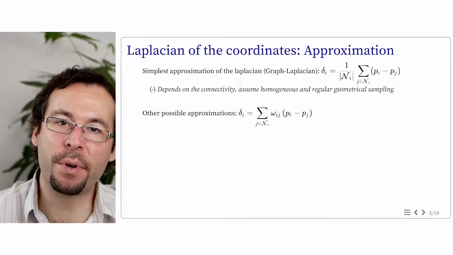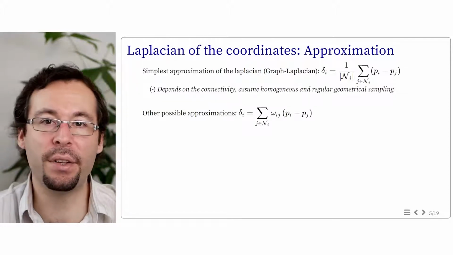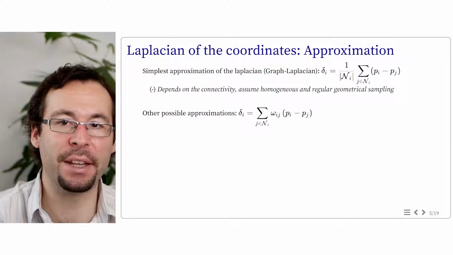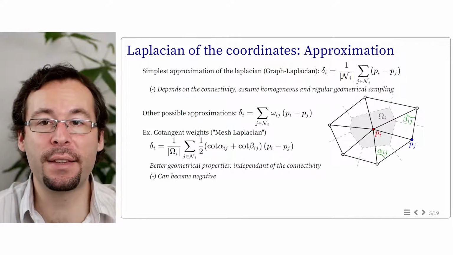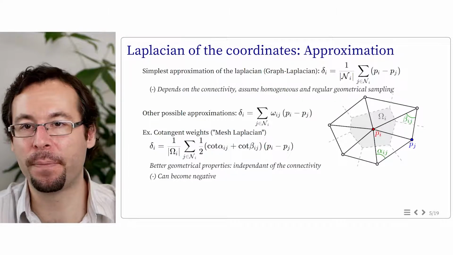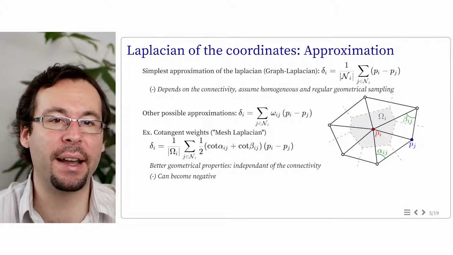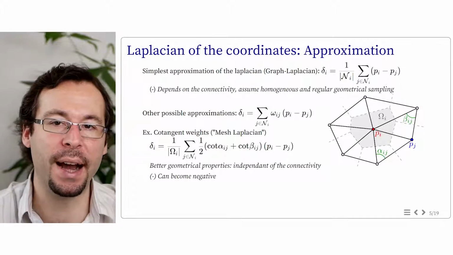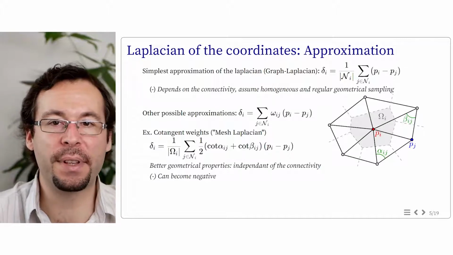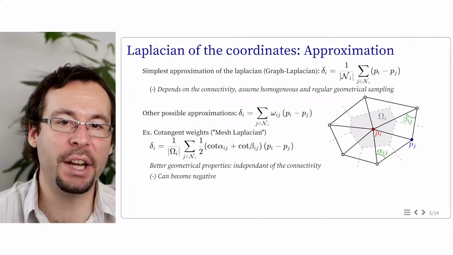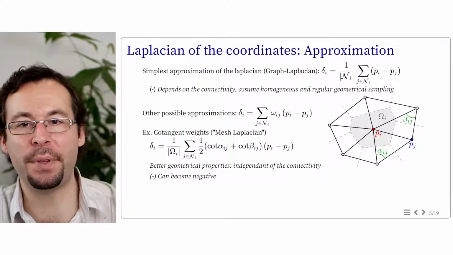There exist other possibilities, all under the form of some linear weights applied to the sum of the vectors pi minus pj. A more accurate representation are the cotangent weights, also called the mesh Laplacian. In this case, we have delta i given as 1 divided by the area of the Voronoi cell around pi, times the sum over j of 0.5 times the cotangent of alpha ij plus the cotangent of beta ij, times pi minus pj.